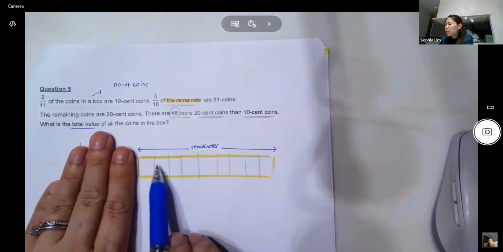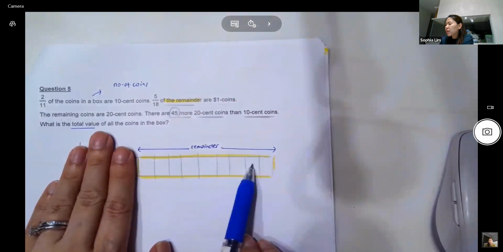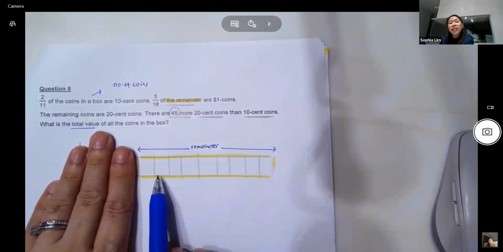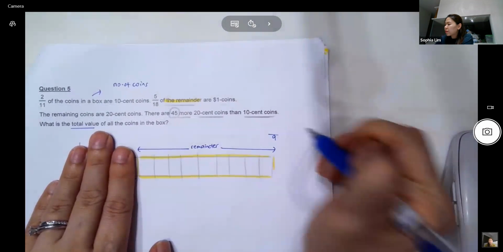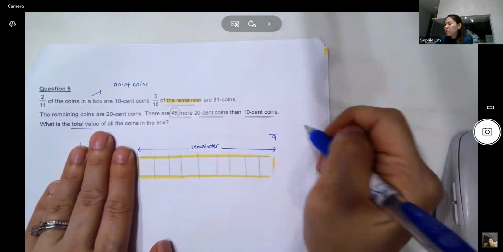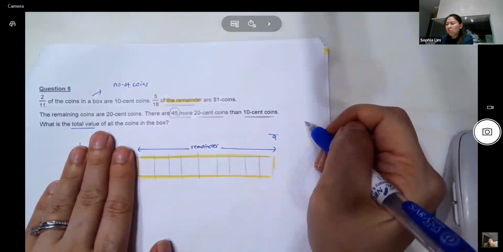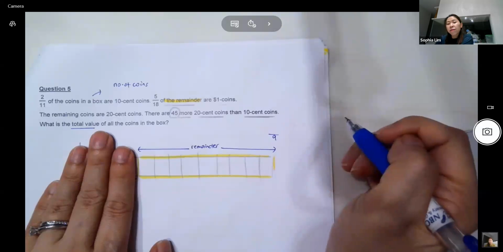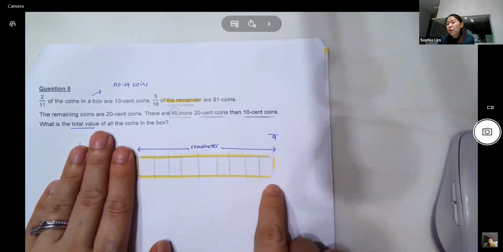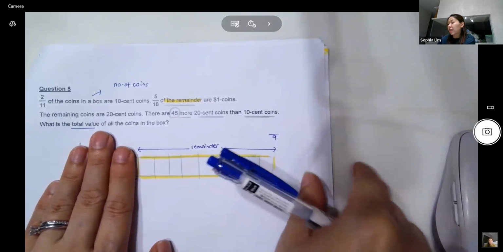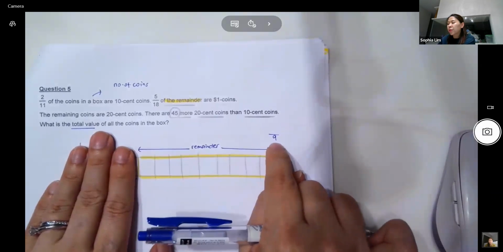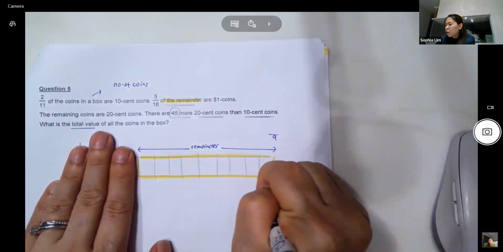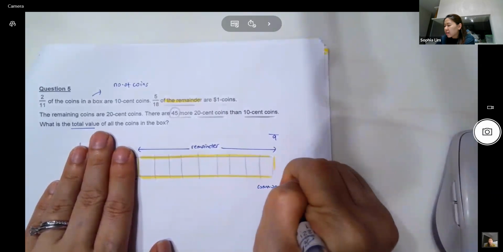Let's count. 1, 2, 3, 4, 5, 6, 7, 8, 9. I only got 9 units here. How to get 5 out of 18? You cannot just draw more units at the side. So from 9, how to get 18?